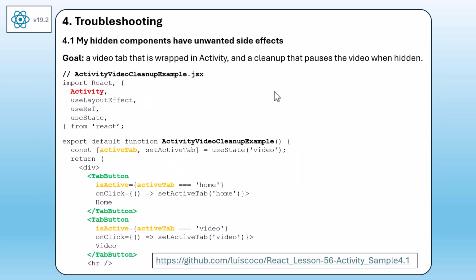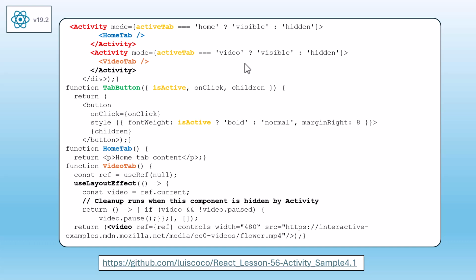4. Troubleshooting. 4.1. My hidden components have unwanted side effects. Although activity cleans up effects defined inside React components, it does not remove the underlying DOM nodes. This means anything the browser handles by default, such as playing audio or video, may continue even when the component is hidden.